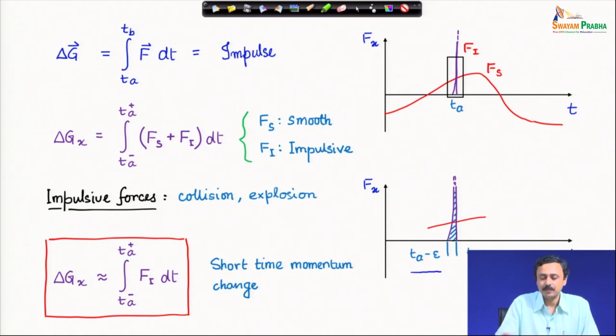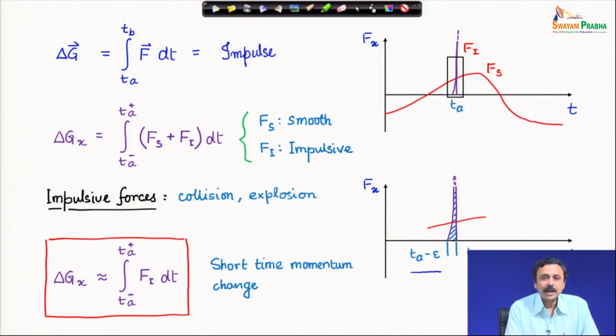T A plus epsilon is to the right and T A minus epsilon is to the left, and when I do this integration over this very short time interval, then only I get the effect of this impulsive force. And in this small time interval, the smooth forces hardly make any difference. So their contribution to the impulse is nearly 0, or negligible compared to the impulsive force contribution.